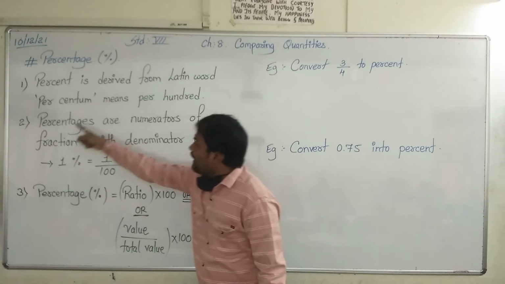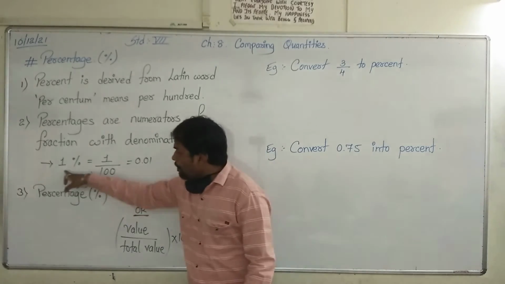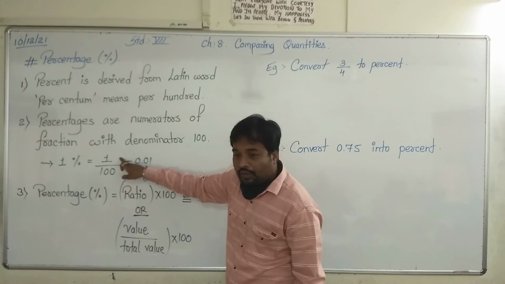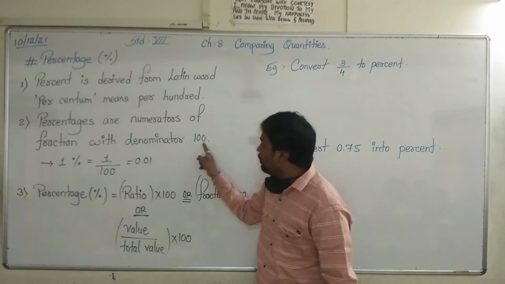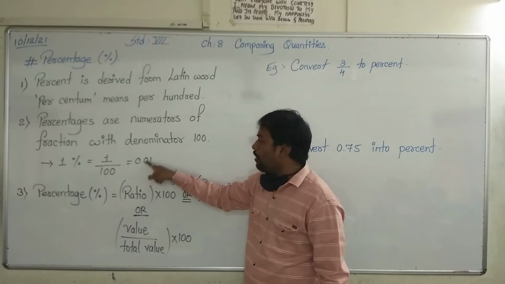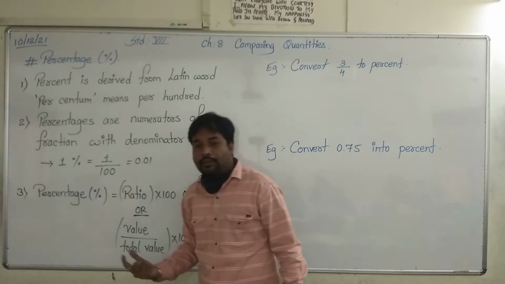Now what is this about? It is about removing the percentage. 1% can be written as numerator divided by denominator 100, and that is equal to 0.01.